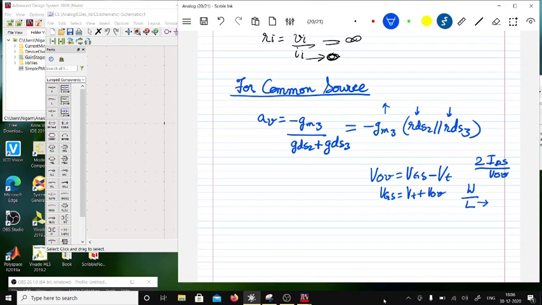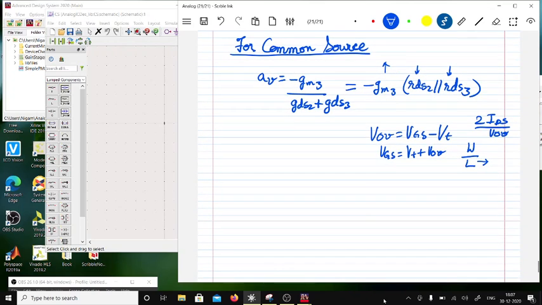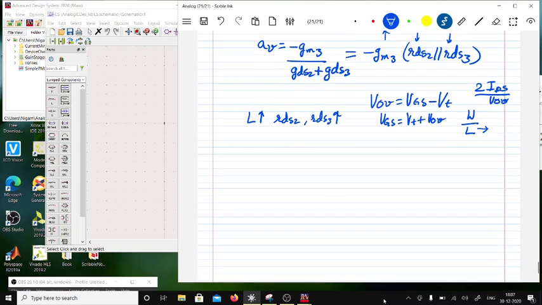That's one way. The other way is you increase L and keep W by L constant by increasing W by the same amount. That will increase RDS2 and RDS3, and that will increase the voltage gain.